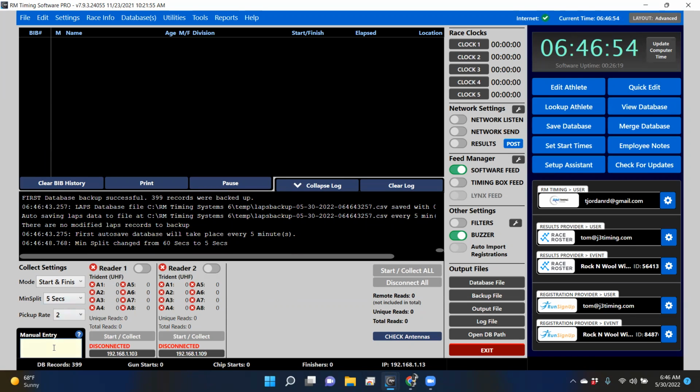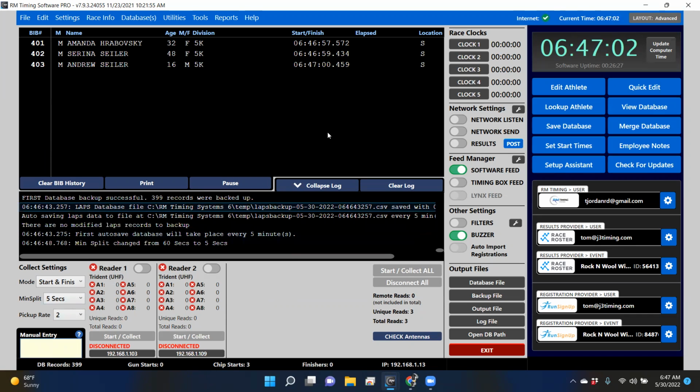What happens is if a couple ladies come over to start the race, 401, 402, 403, they just started the race. You can see that was a start time. Then 60 seconds later, maybe they just came over to take some photos. They stood on your start line to take some pictures, and then went and got ready for their race. And then they come back and say, okay, I've decided we're going to start the race.